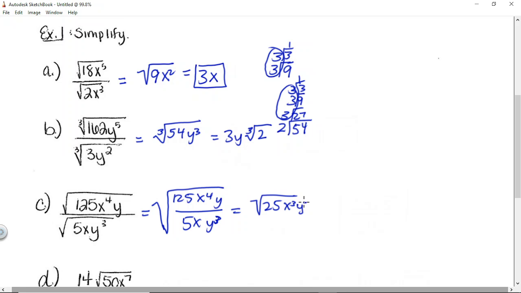So you have y to the negative 2 power. Now what do we do with that? Well, a negative exponent means 1 over y to that power. So it's 1 over y to the second. But remember, that is inside the radical.